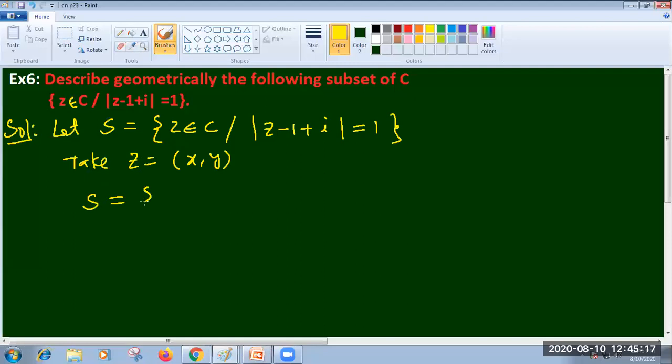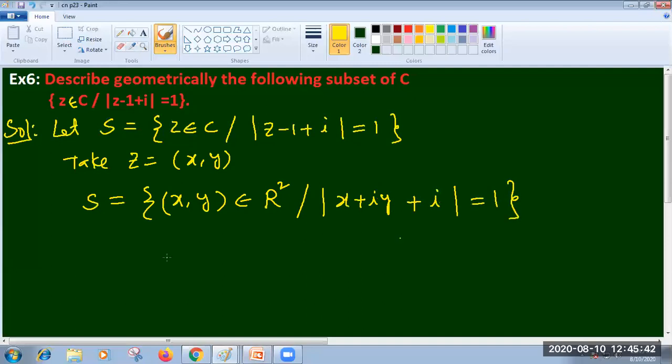So the set S is a set of ordered pairs x, y belonging to R cross R such that mod of x plus iy, in place of z I am writing x plus iy, plus I is equal to 1.